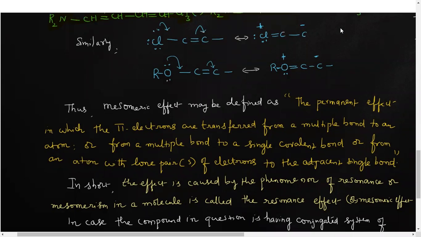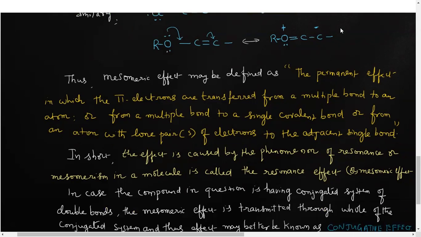It can be defined in three different ways. These three kinds of possibilities help us understand what the mesomeric effect is.